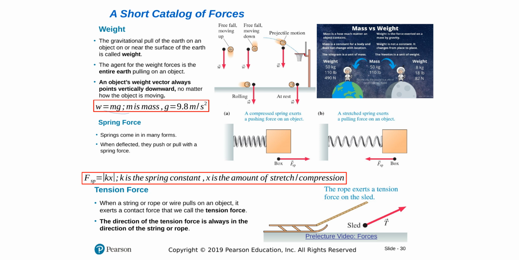Always find the direction of the spring force using logic, and the value of it is k times x. Just look at the absolute value of this. Many books describe this as minus kx, but that's just showing that it is always against the force we apply to the spring.